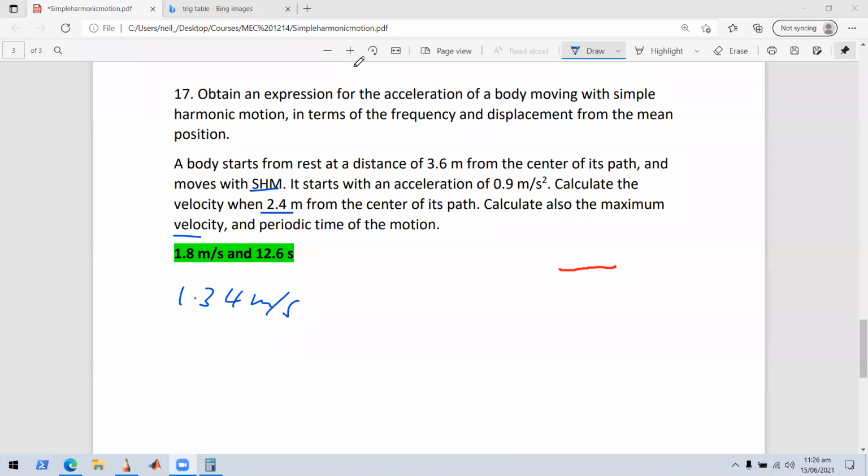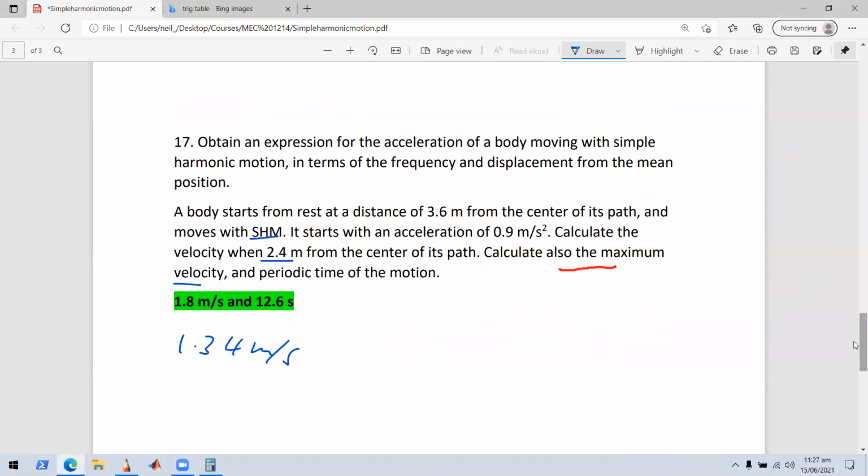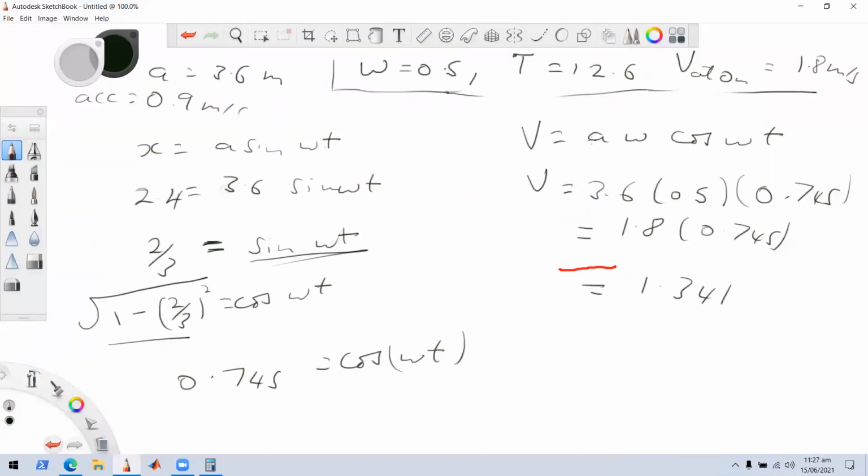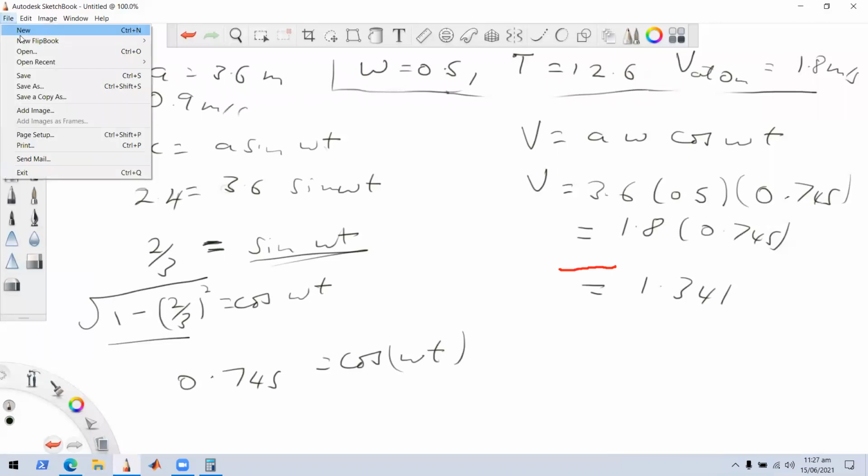Yeah, can you please go back? I want to get the formula for V max. The formula for the maximum velocity. It's known that the maximum velocity is at this center point.